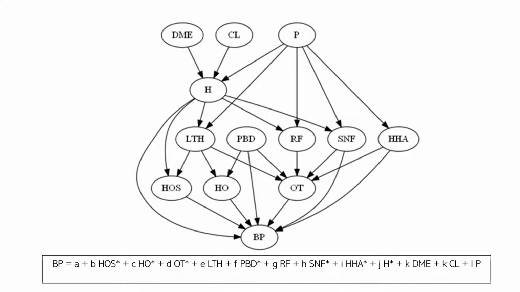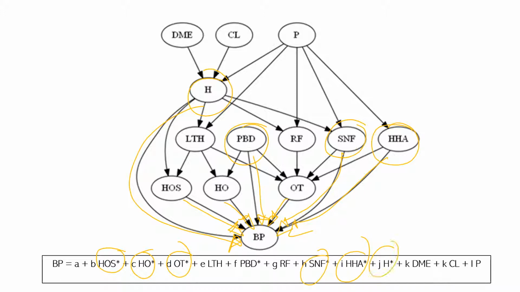For instance, when they have a star right next to them, that means they have a direct correlation to the outcome variable, which in this case are HOS, HL, OT, PBD, RF, not SNF, sorry, SNF, HHA, H, and that should be it for the outcome variable BP.